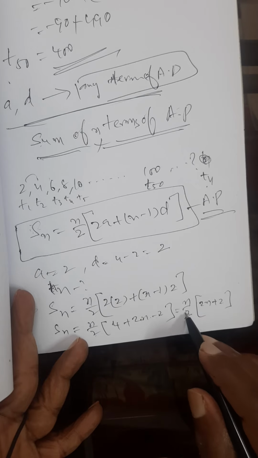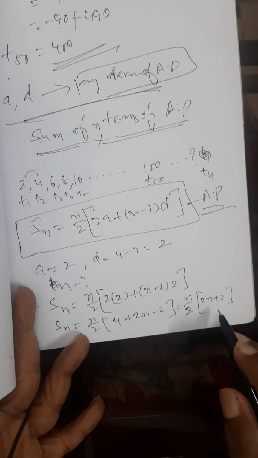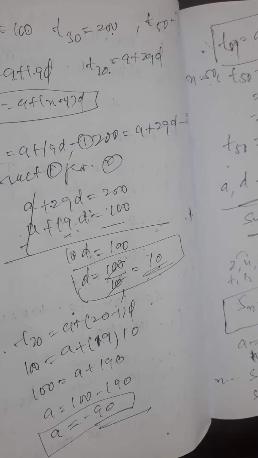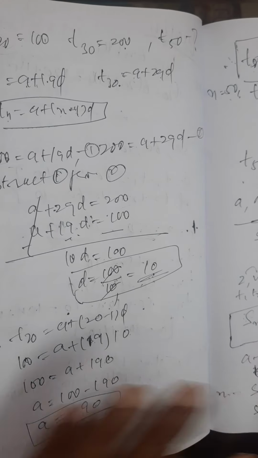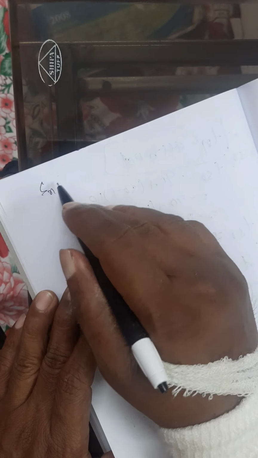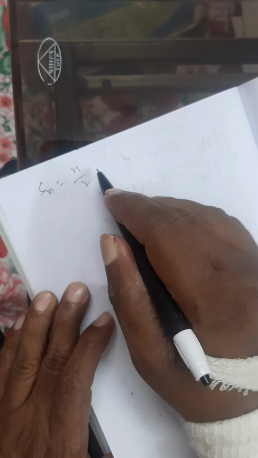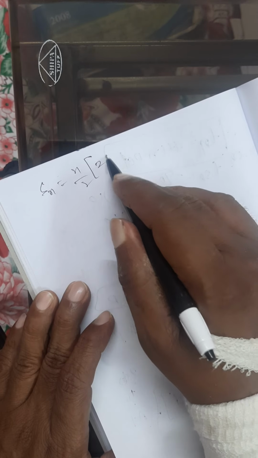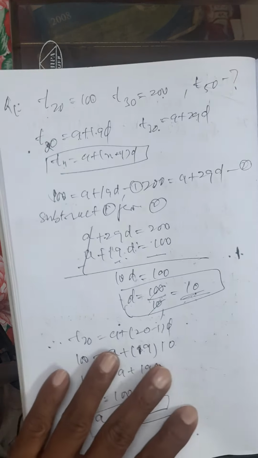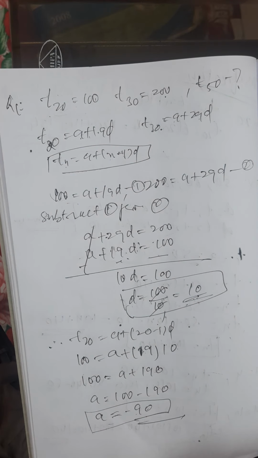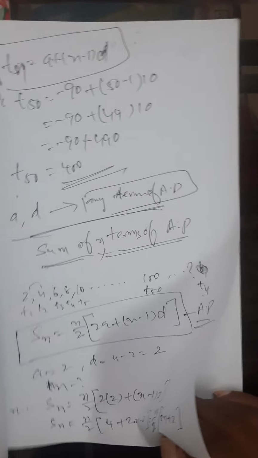Or if you take 2 common, Sn, the sum to n terms of the above series, equals n by 2 times... we take 2 common, so 2n plus 2 becomes 2 times (n plus 1).